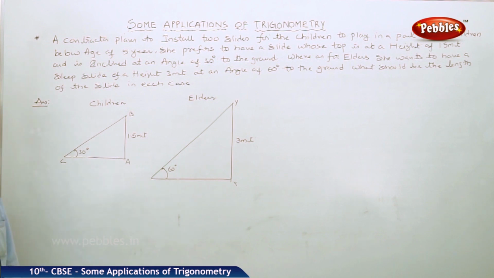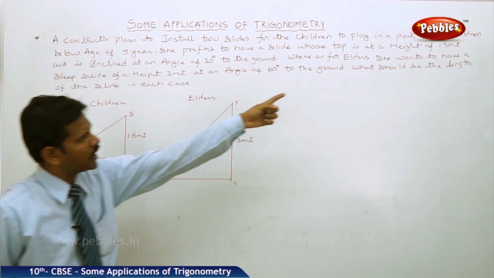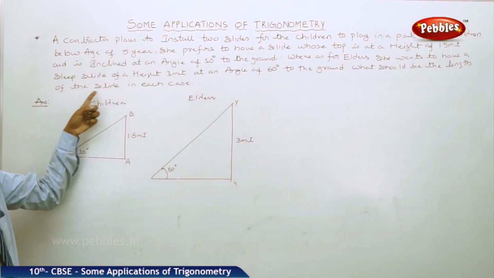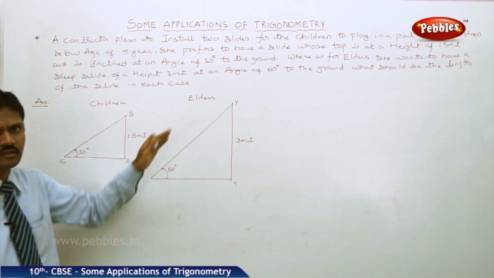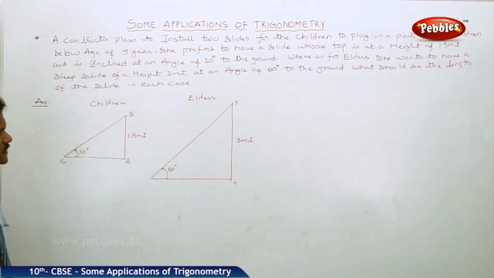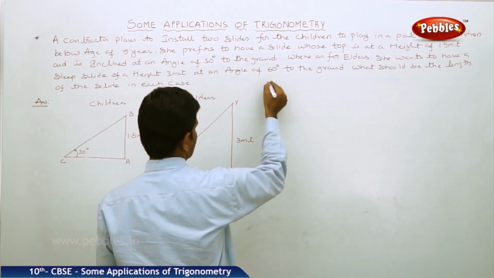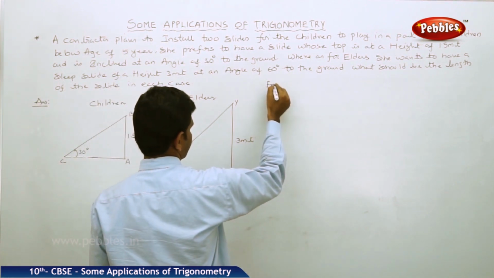Now, these two are the diagrams. Now, what do we have to find? What should be the length of the slide in each case? That is, you have to find out the length of the slides in each case. Now, we will come to the first case.